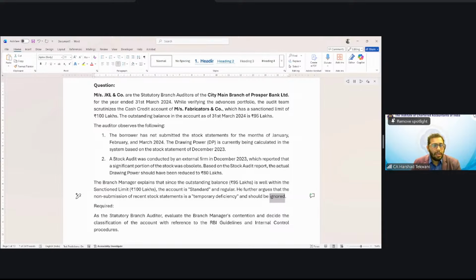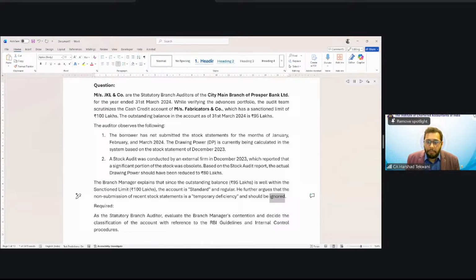See, again, as I said, when we were talking about the drawing power, I'll just take you back to that particular provision. What we discussed at that time is that if a calculation is pending because of non-availability of the stock statement, that can be classified as a temporary deficiency, because the calculation is pending just because of non-availability of the documents.